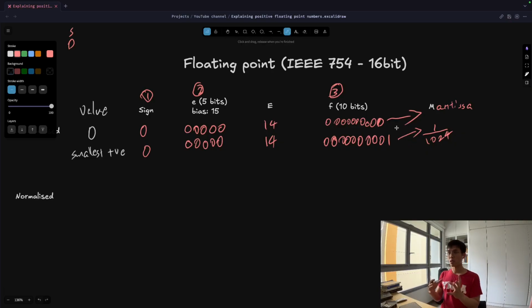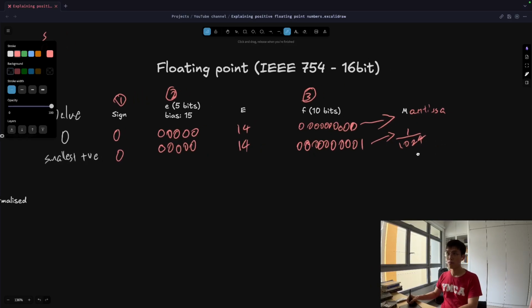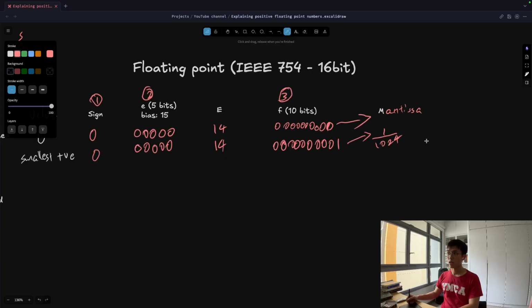Now with the exponent and the mantissa, how do we calculate the smallest positive value of F16, float 16 bits? The exponent is negative 14 because 1 minus 15 is negative 14.